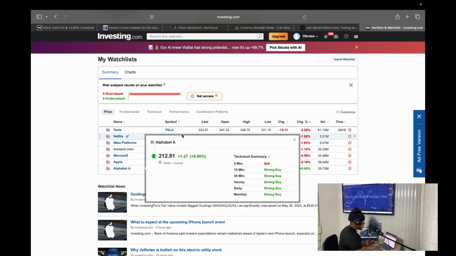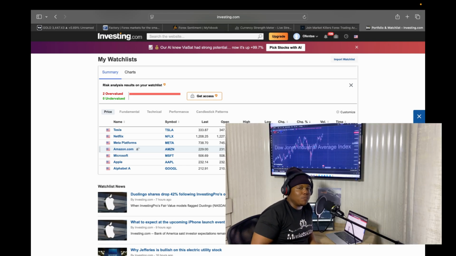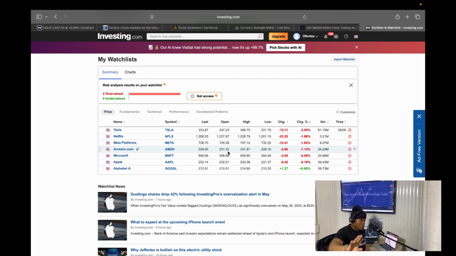We also have Alphabet A, known as Google. I think there is two more missing, but these are the companies that I usually like to look at and see how they are performing, which is going to give me an analysis of how US30 and also Nasdaq might perform. But for now, let us focus on US30.